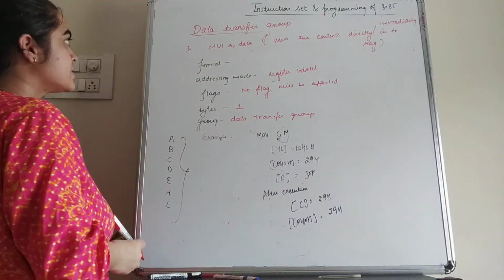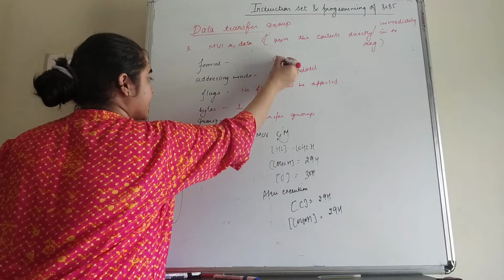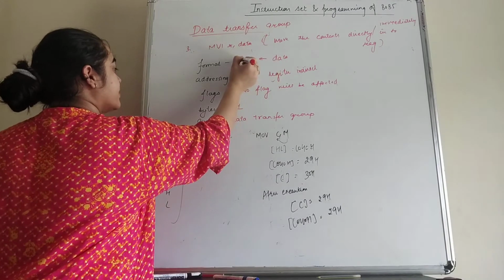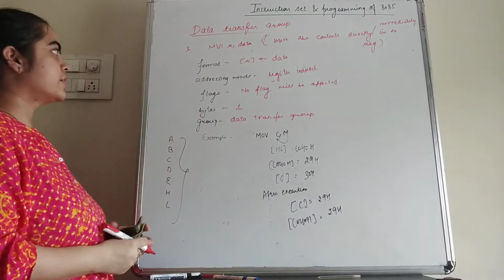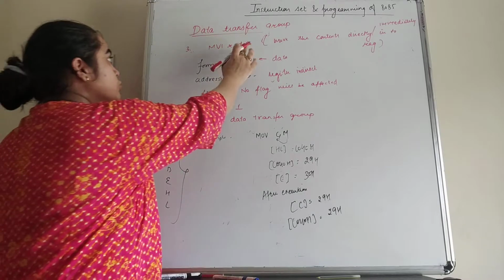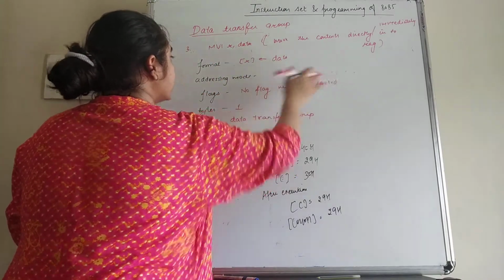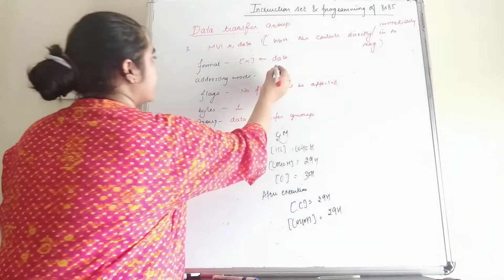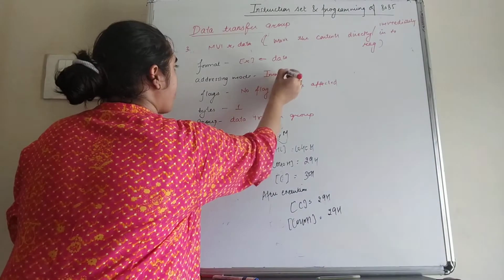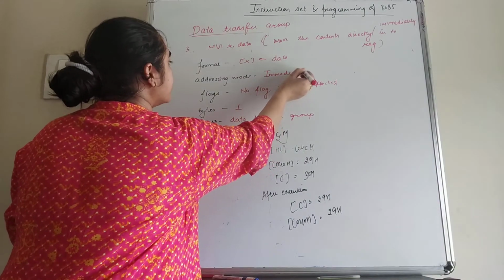The format for this instruction has data at the source side, and the data will be moved into the register immediately. If the data is given in the instruction, the addressing mode is always immediate addressing mode.